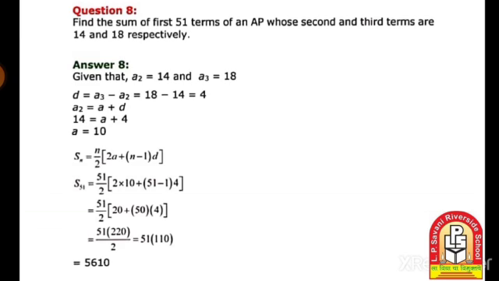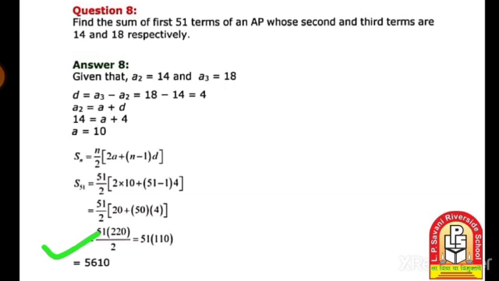S51 is equal to 51 by 2 in the bracket 2 multiplied by 10, that is 20, plus 51 minus 1, that is 50, multiplied by 4.